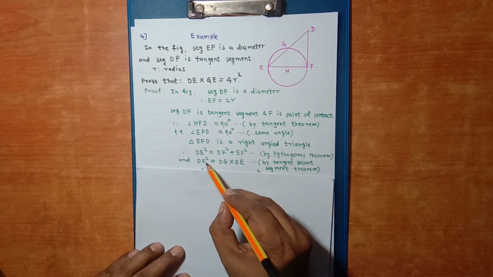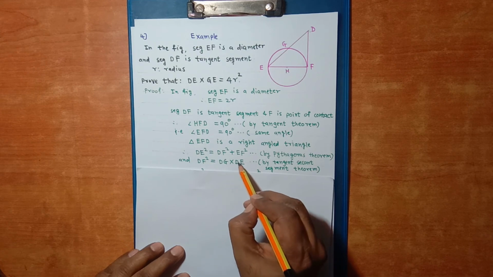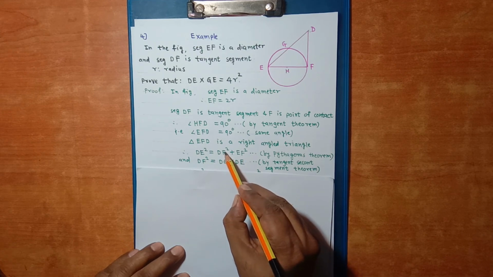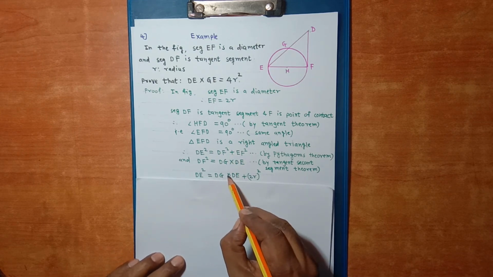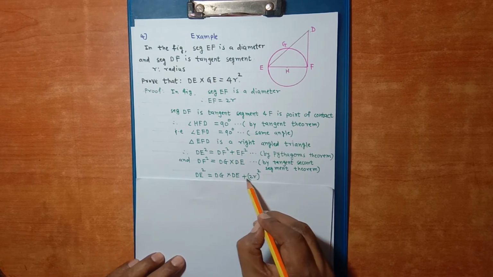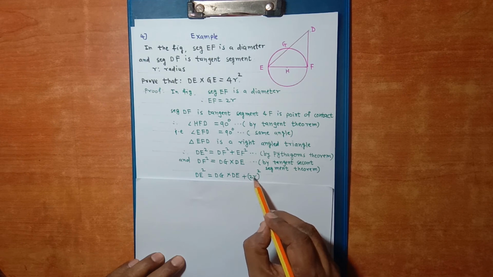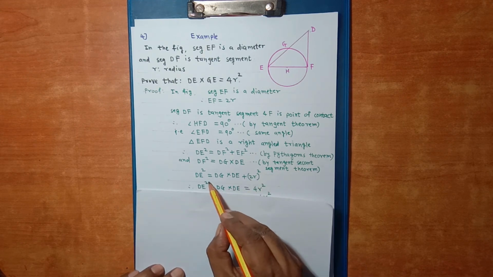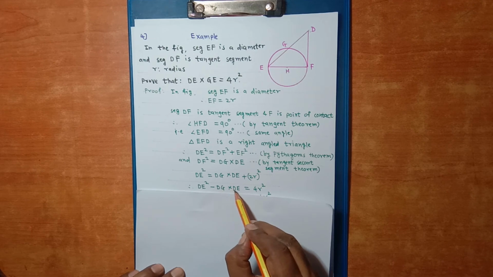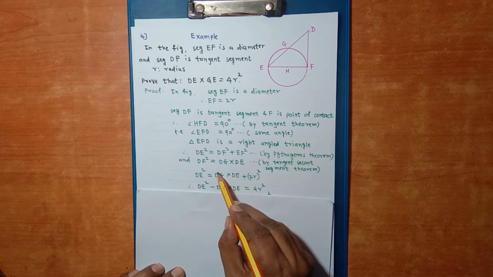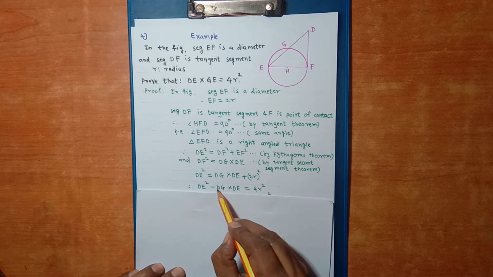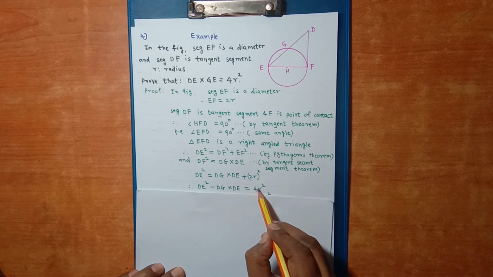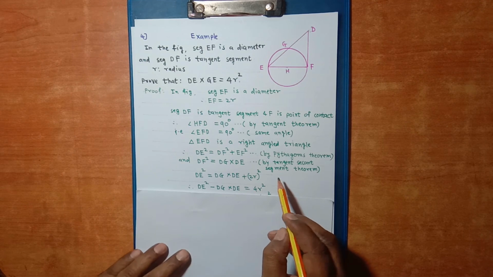Now substituting the value of DF square, that is DG into DE, in the first statement we get DE square is equal to DG into DE plus the value of EF, which is 2R square. So DE square minus DG into DE, after shifting this term to the left hand side, is equal to 2R square, which is 4R square.